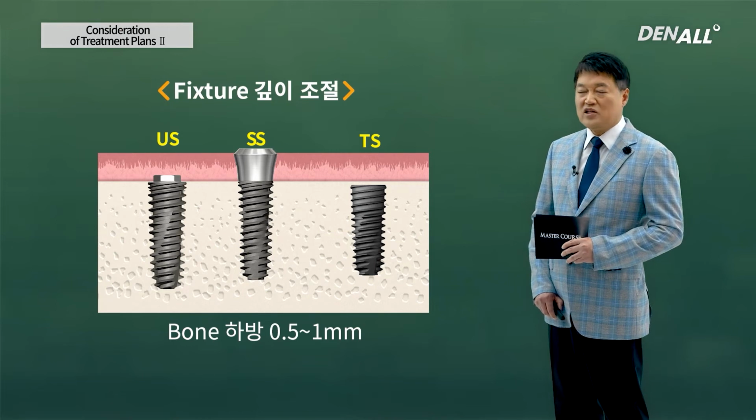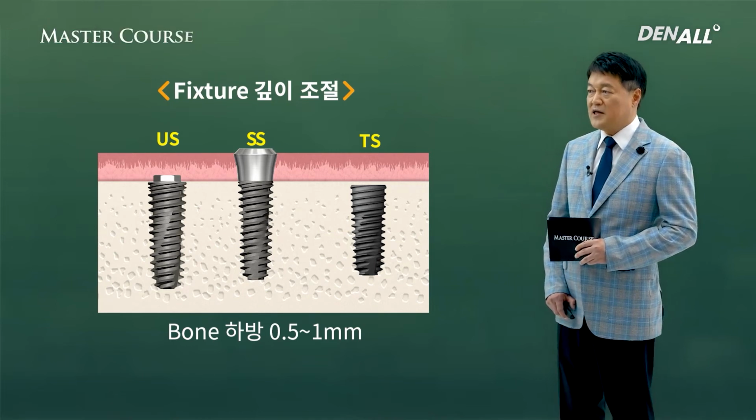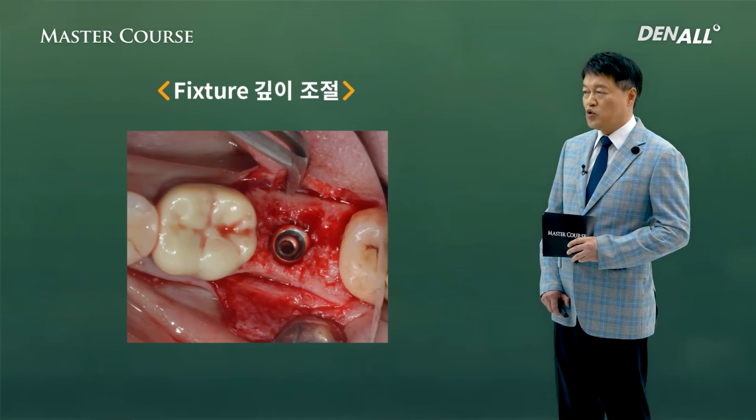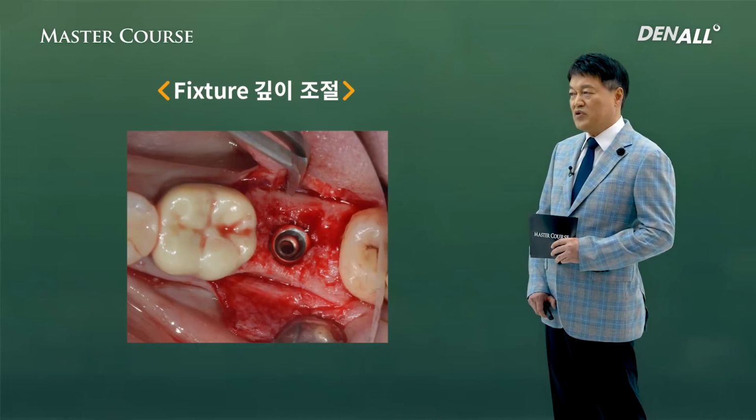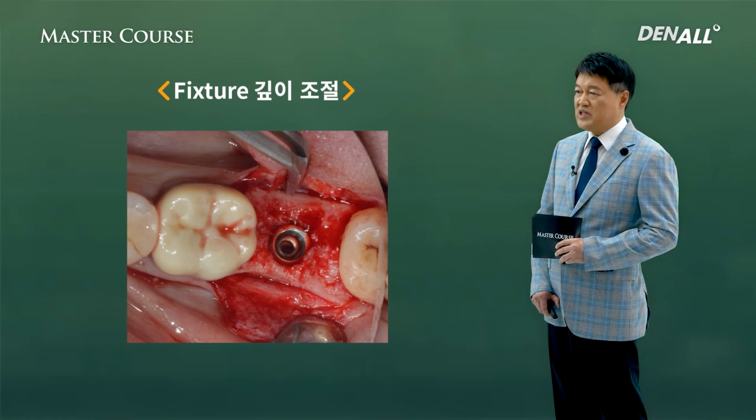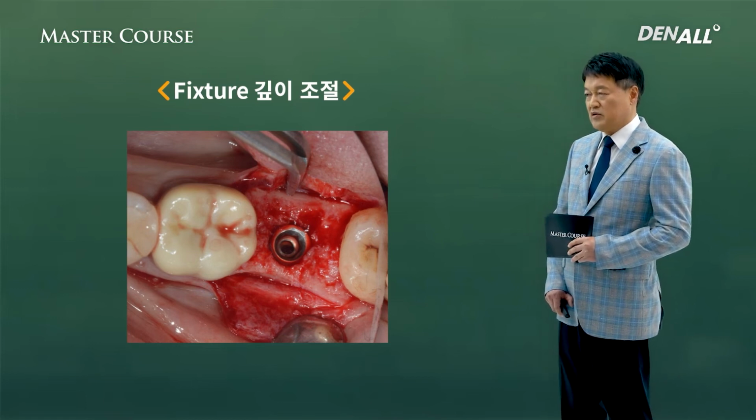So 0.5 to 1 millimeter inferior to the bone, that's how it should be placed. As you can see, the top of the fixture should be placed 0.5 to 1 millimeter below the bone. This is for long-term stability.